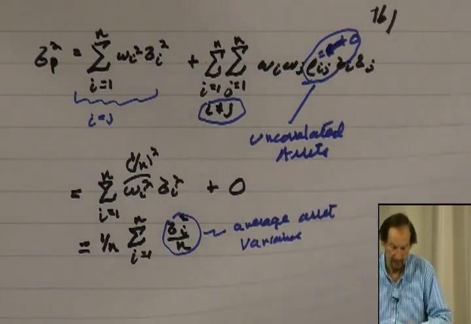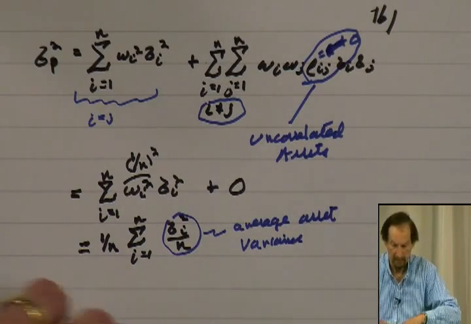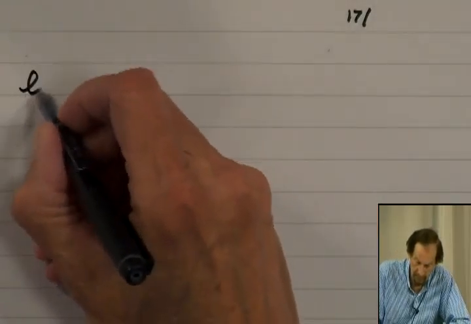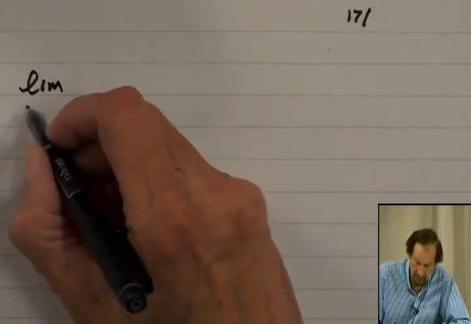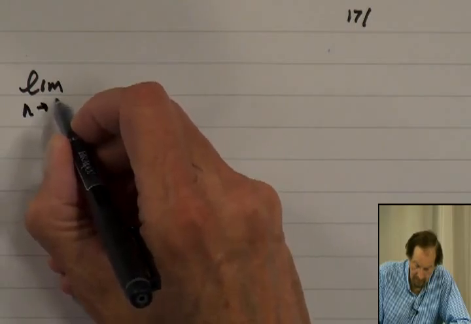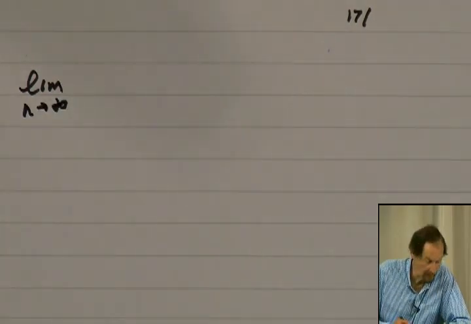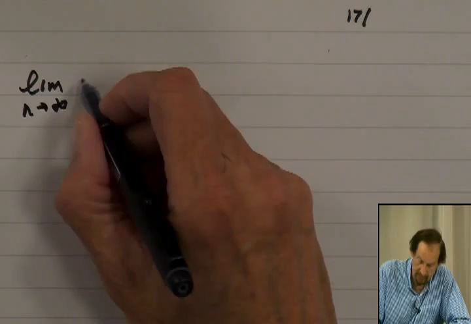Now the key thing here is the limit as n goes to infinity, our number of assets going to infinity, of sigma p squared.